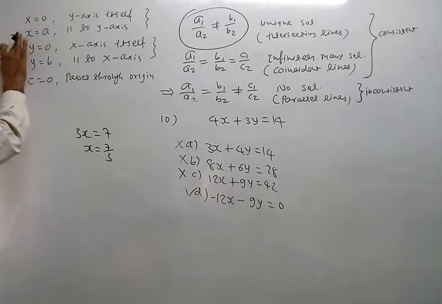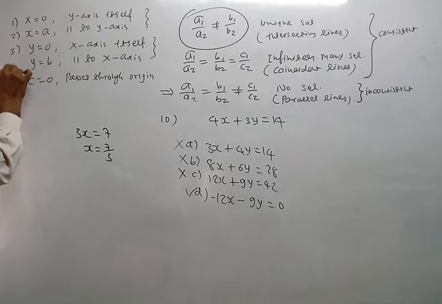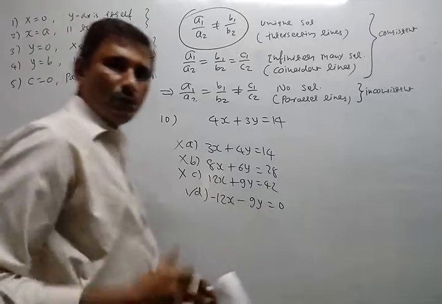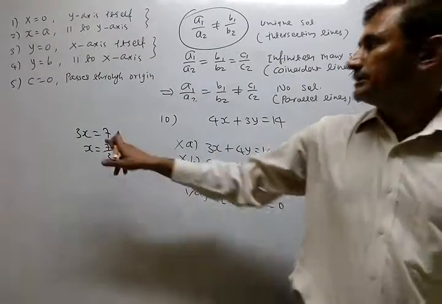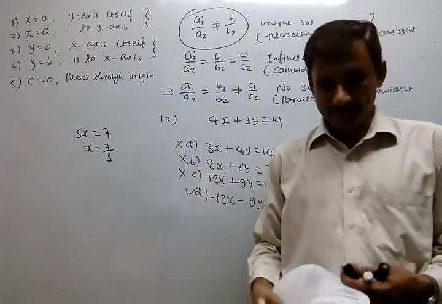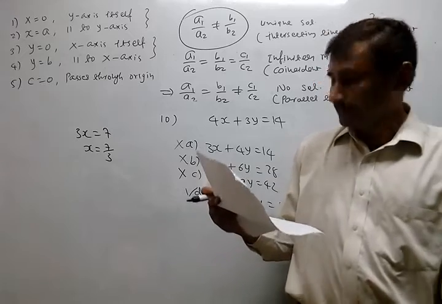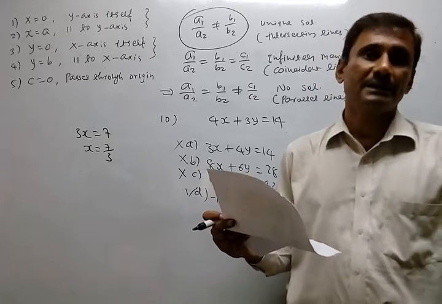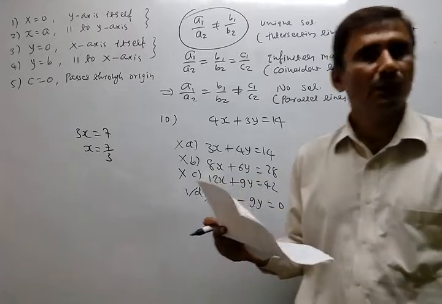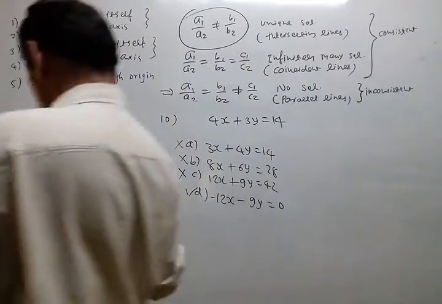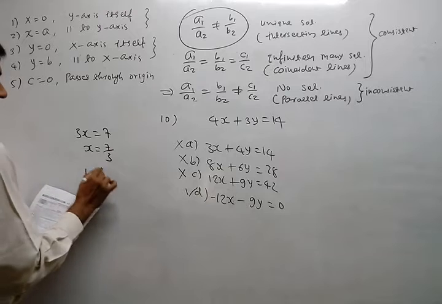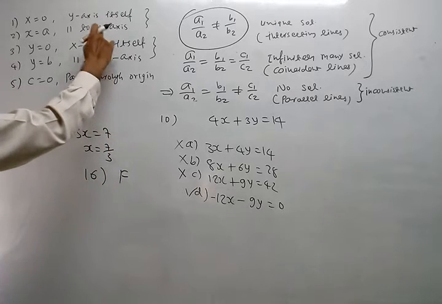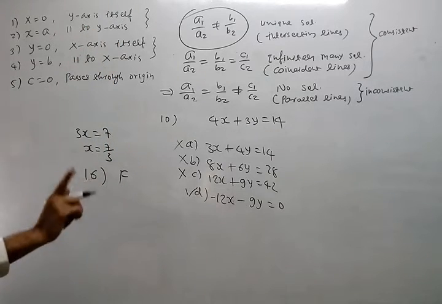So this is applicable at the second line. Now look at number 16. According to it, they have given x equal to something, so the line should be parallel to the y-axis. So what they are doing is saying parallel to the x-axis. Wrong. False. Okay, so 16 is false. Why? Because it is parallel to the y-axis, not parallel to the x-axis.